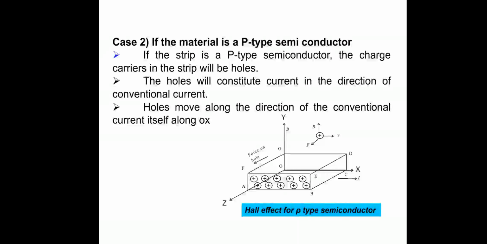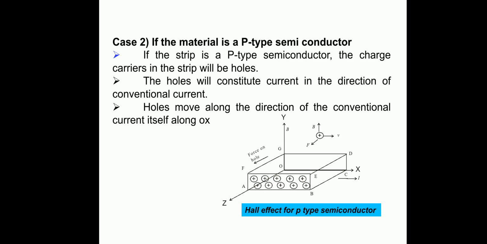Next we can take our material as a P-type semiconductor. So if the strip is a P-type semiconductor, the charge carriers in the strip will be holes. We know that for a P-type semiconductor, the majority charge carriers are holes.